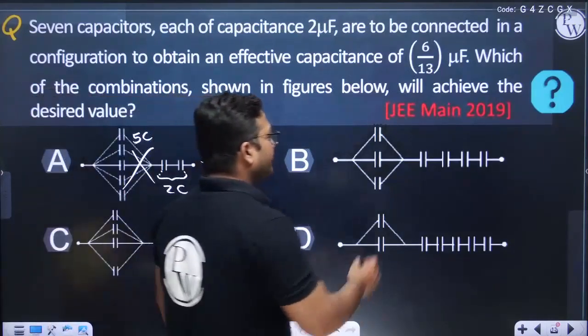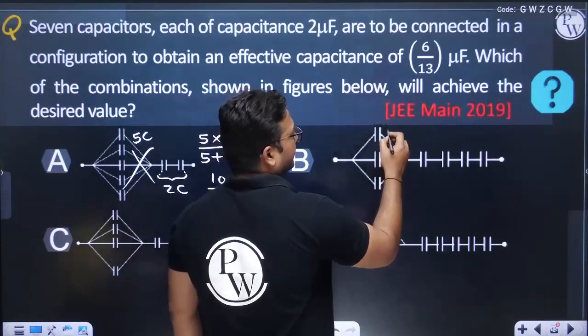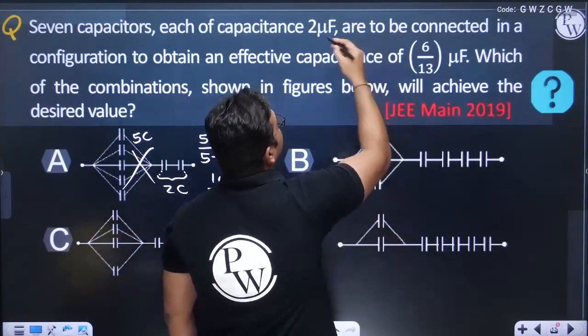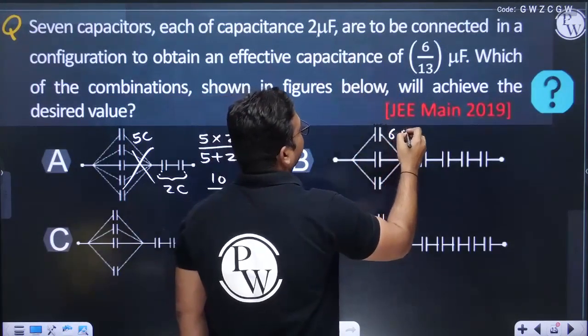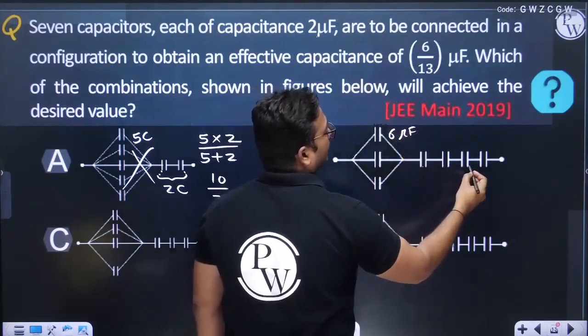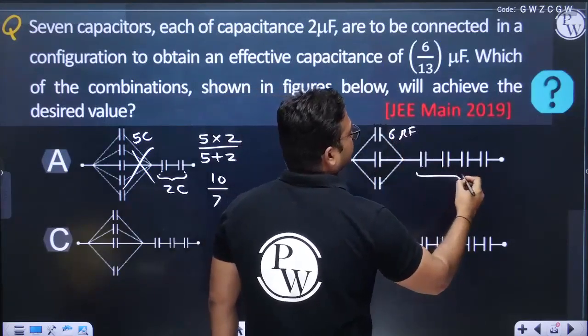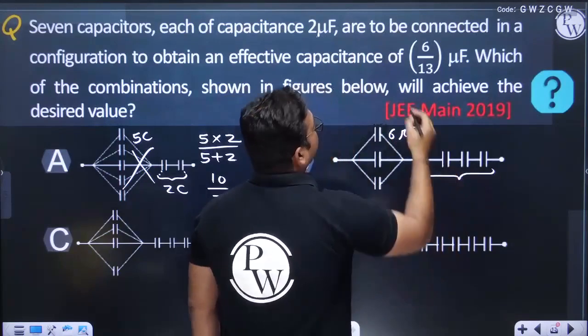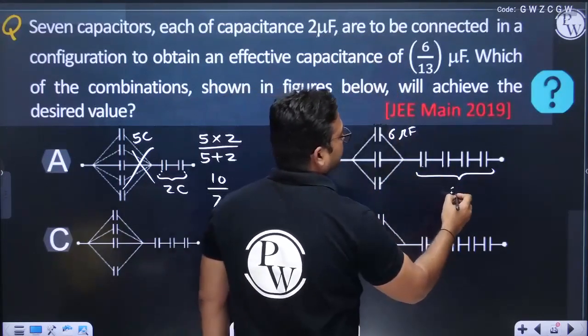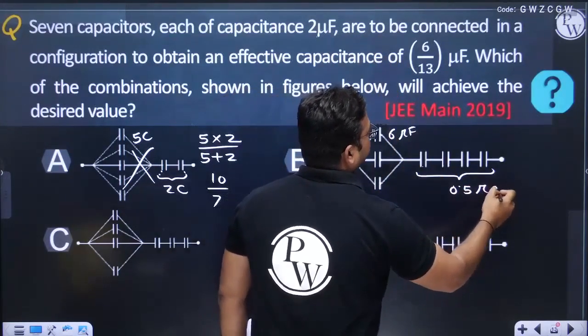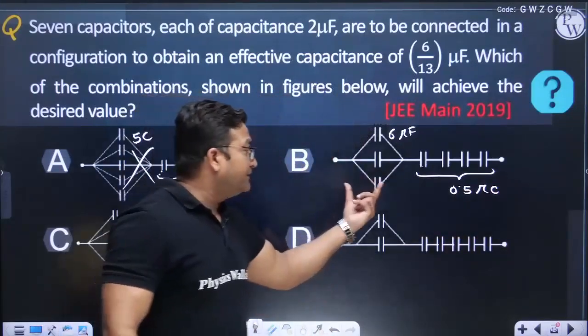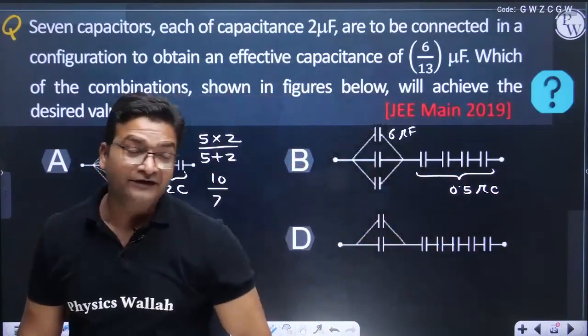Let's try this. These 3 capacitors have an effective capacitance of 2 multiplied by 3, that is 6 microfarad, and these 4 are in series, so their net would be 2 by 4, that is 0.5 microfarad, and these two combinations are in series. Can you see that?